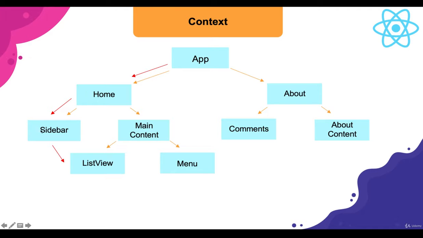These components are acting as carrier components for props. They're just carrying the props from one component down to another. So it's okay. You can still do this. But this approach can sometimes get a bit boring, especially when there's a lot of components in the chain and the application gets bigger and bigger and bigger. I think you get the point, right?